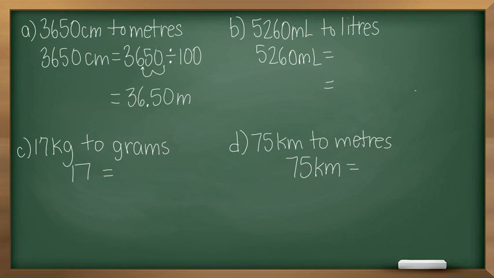Looking at the next one, we have 5,260 milliliters, and we want to express that in liters. Again, we're given something fairly small. A milliliter is very small. One teaspoon is 5 milliliters, so it's a very little amount. Whereas a liter is larger.